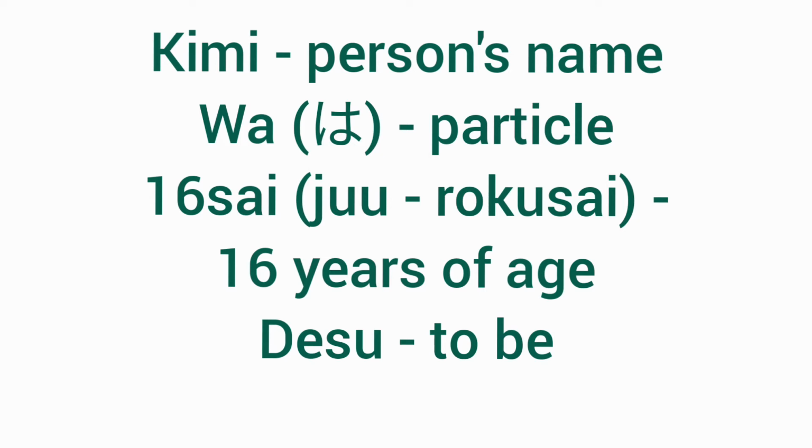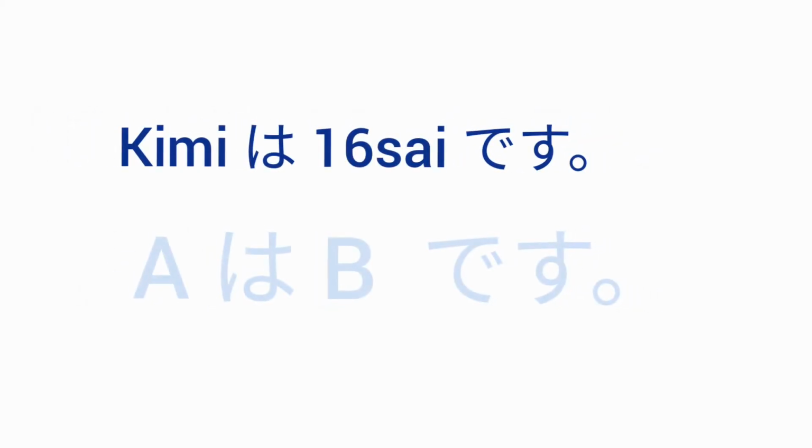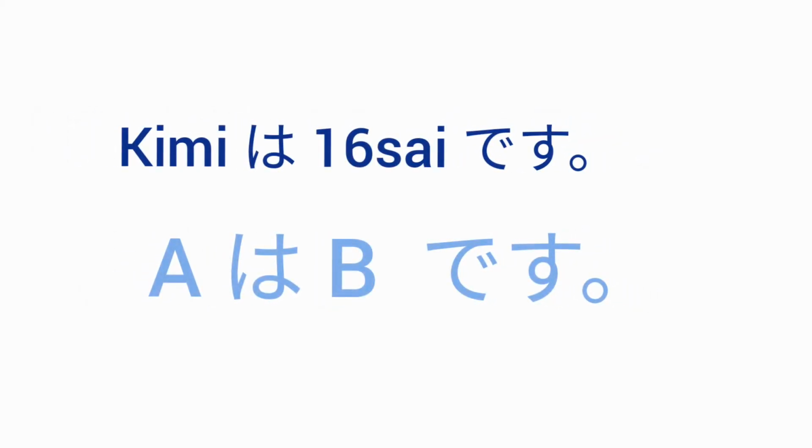And desu means to be. So, Kimi wa 16 sai desu means Kimi is 16 years old. You can see this sentence also follows the A wa B desu pattern. This sentence talks about the age of the person.